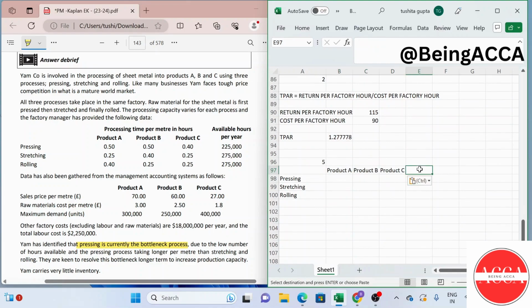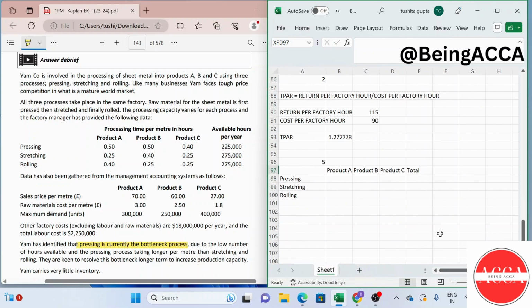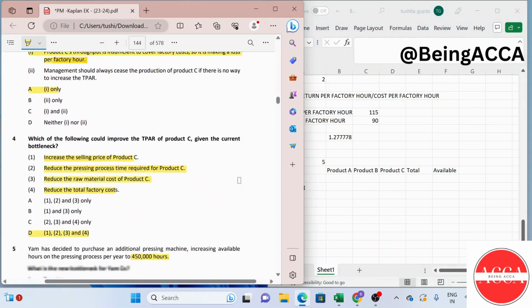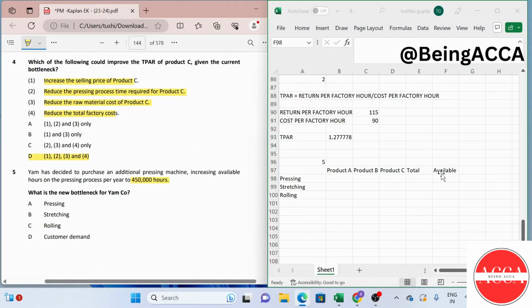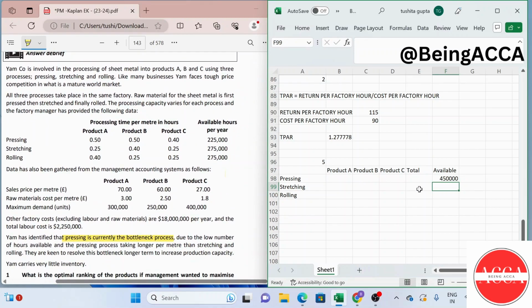And let's also write the total and the available time over here. They have got a new machine for which process? They have got a new machine for pressing, and this makes pressing 450,000, and the rest of the available hours remain the same, which is stretching at 275,000 and rolling also at 275,000.